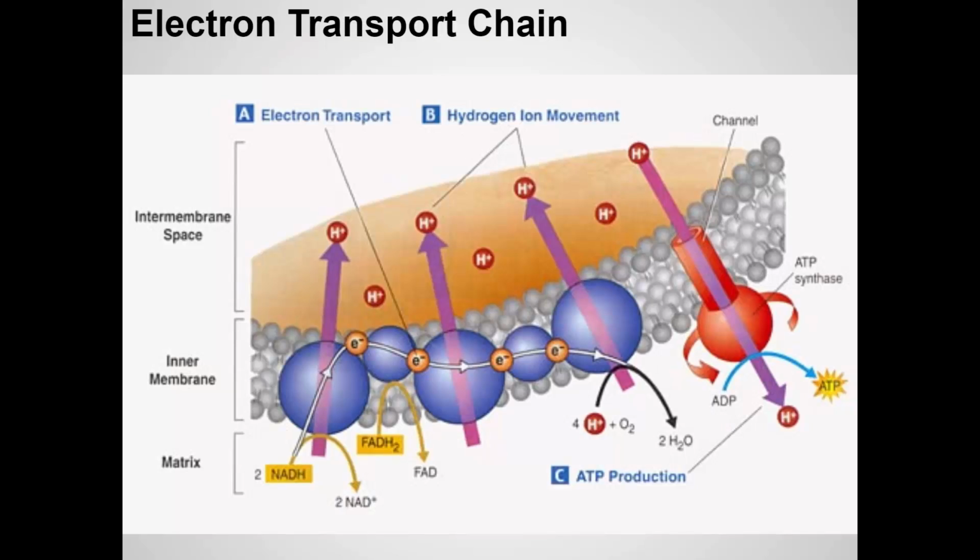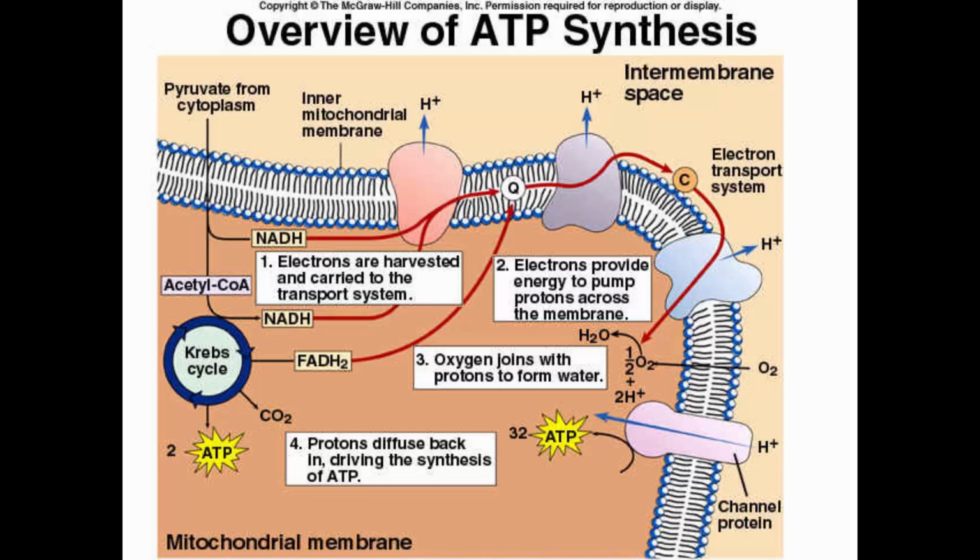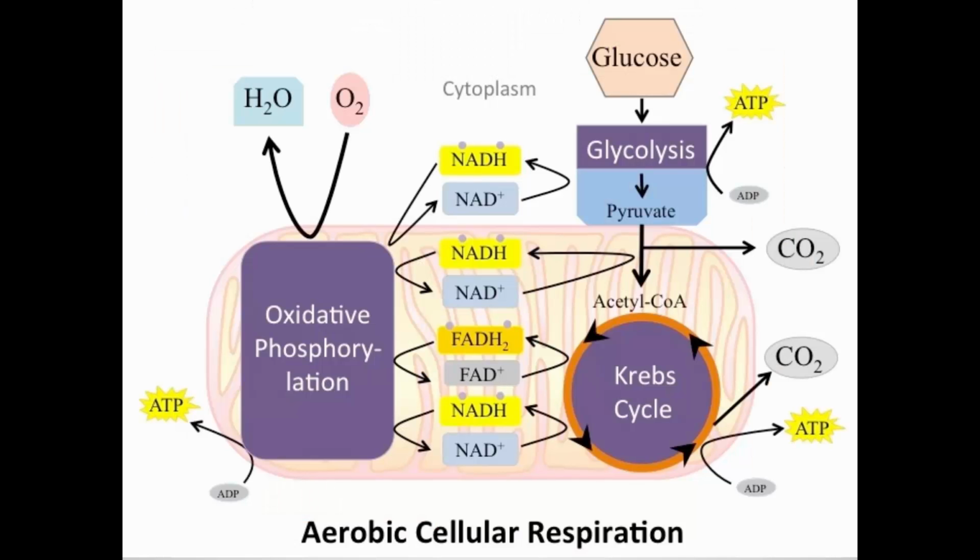What do you think is going to happen after the NADH gives up its electrons and FADH2 gives up the electrons and the hydrogen? What do you think is going to happen to these things? To do what? Exactly. So after NADH gives up its hydrogen and electrons, now it's NAD+, it can be recharged, just like in photosynthesis.